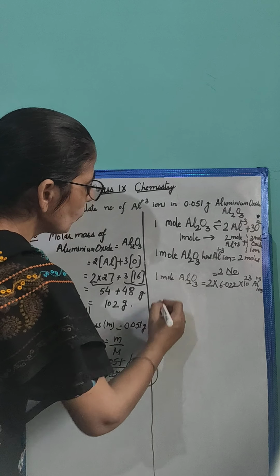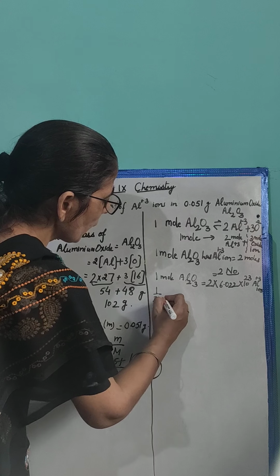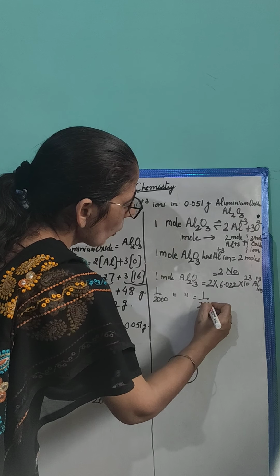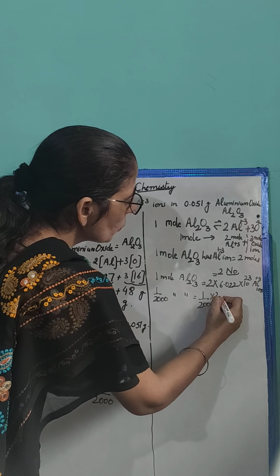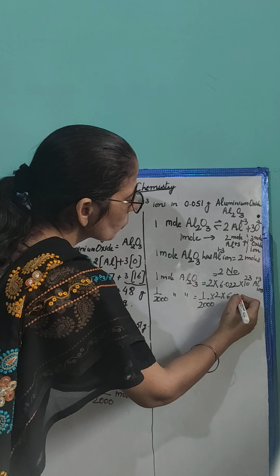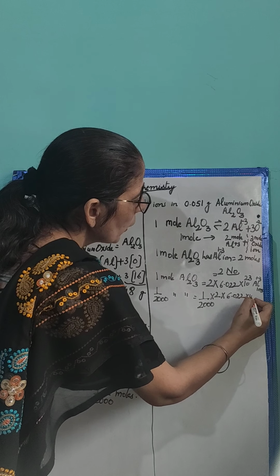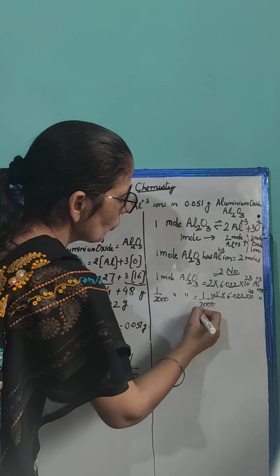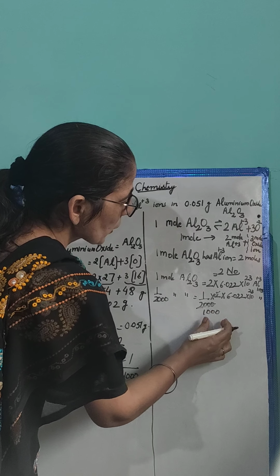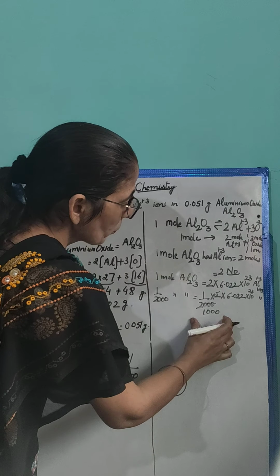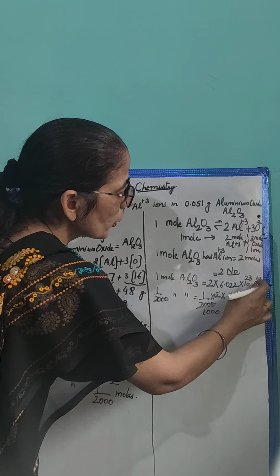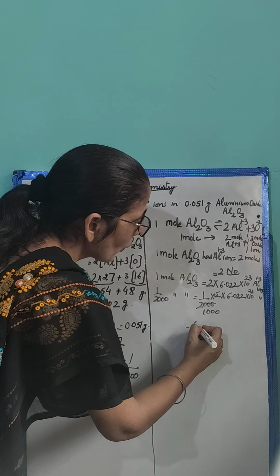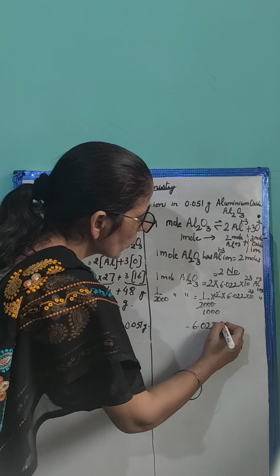So 1 by 2000 mole contains 1 by 2000 into 2 into 6.022 into 10 to the power 23 aluminium ions. 2 will cancel because 1000 has come down, so 10 to the power 23 reduces to 10 to the power 20.